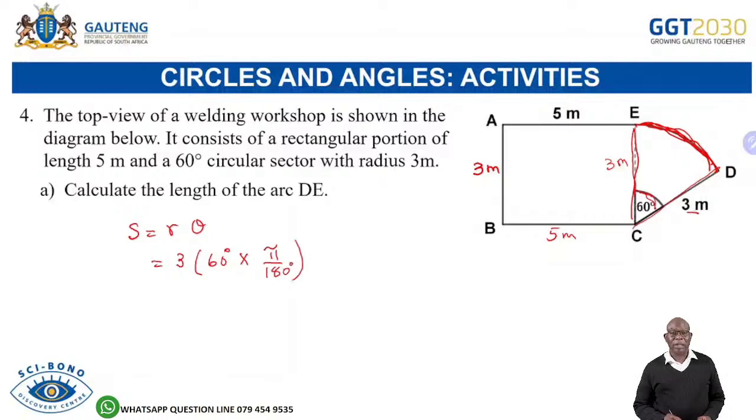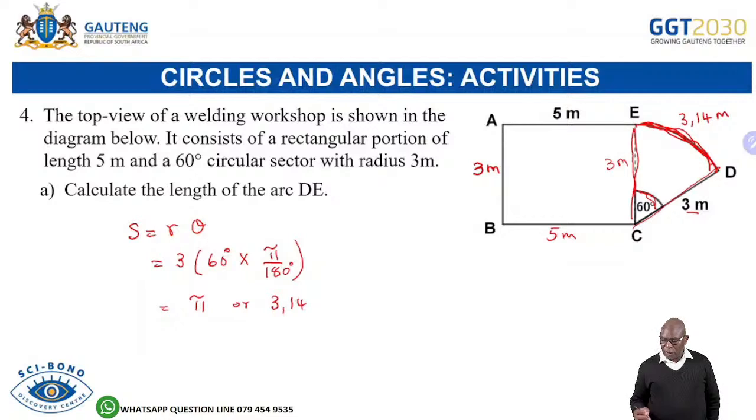Remember, I must always write my angle in radians. So if I do that, then the answer that I'm going to get there, I think it's going to be pi. So the answer will be pi, or I can write this as 3.14. So in other words, the length of that line there is 3.14 meters. All right.